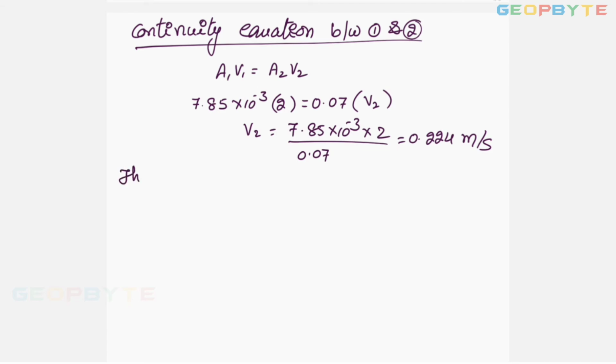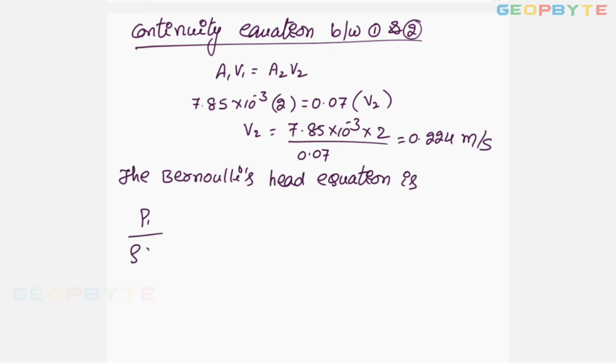Bernoulli's equation. Let us take the head equation. Bernoulli's head equation is P1 by rho g plus Z1 plus V1 square by 2g is equal to P2 by rho g plus Z2 plus V2 square by 2g.